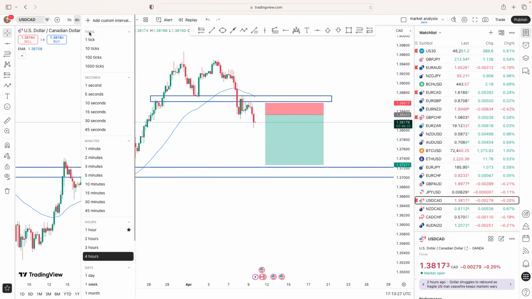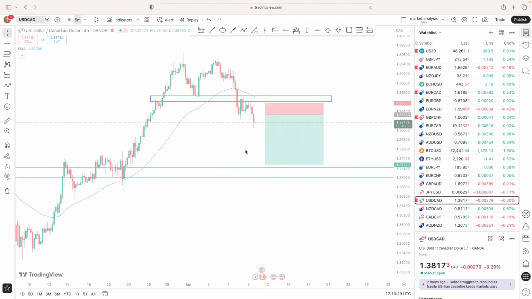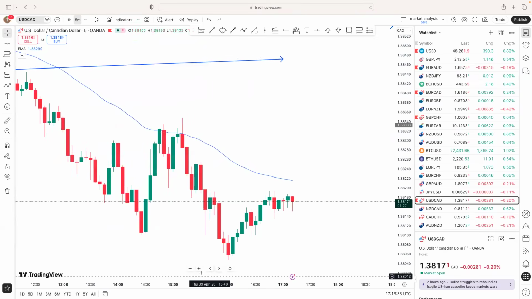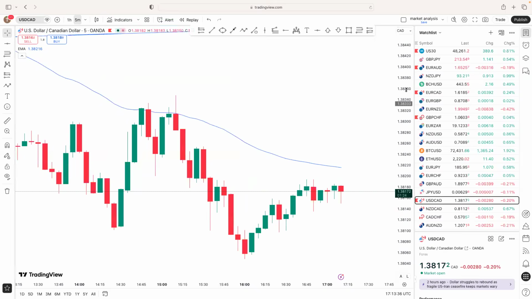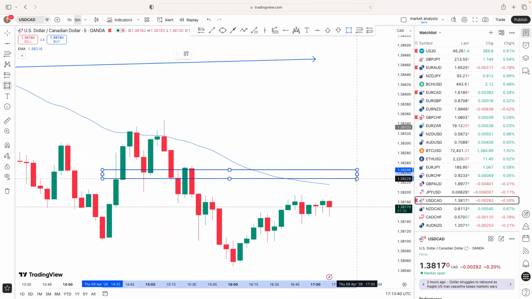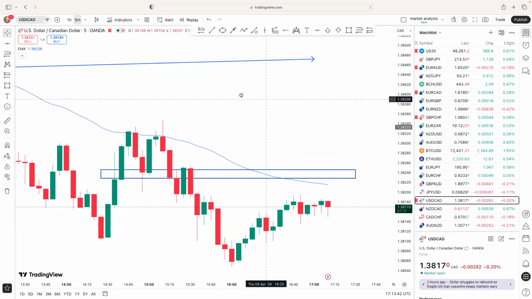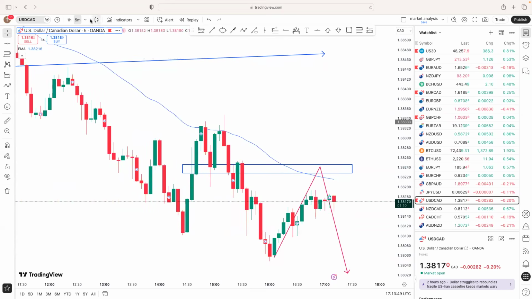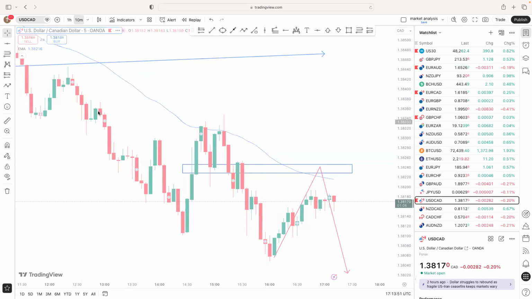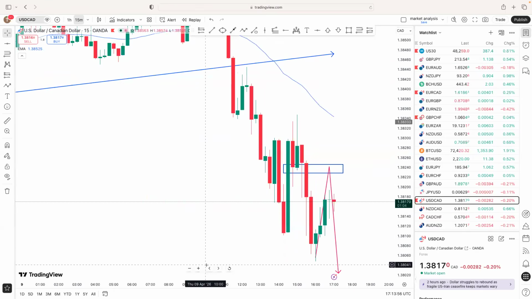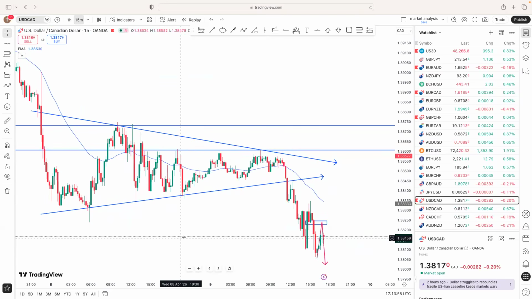Let's go back into 5 minutes. In 5 minutes, we've got a neckline here, which is already retested. We need an entry right now. I would love to see the market pulling back to this zone completely here, and then they continue to go to the downside. Let me check on 10 minutes if we have another zone. Yeah, that's another zone as well on 5 minutes.